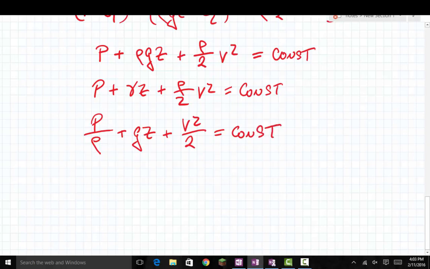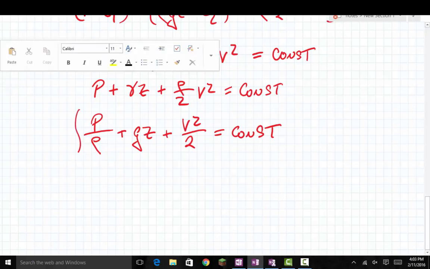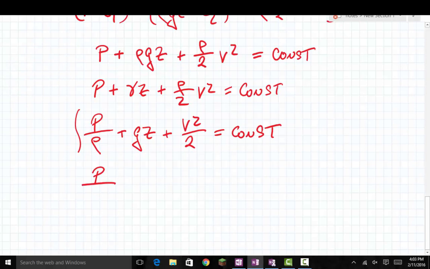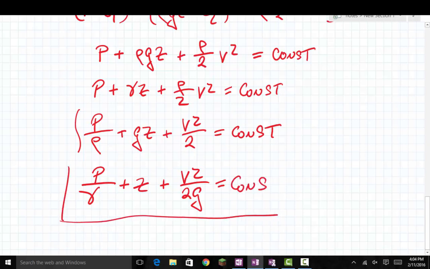And lastly, sometimes you'll hear people talk about pressure head. If I divide this one through by g, I'll get p over gamma plus z plus V squared over 2g equals a constant. So this one has units of length.